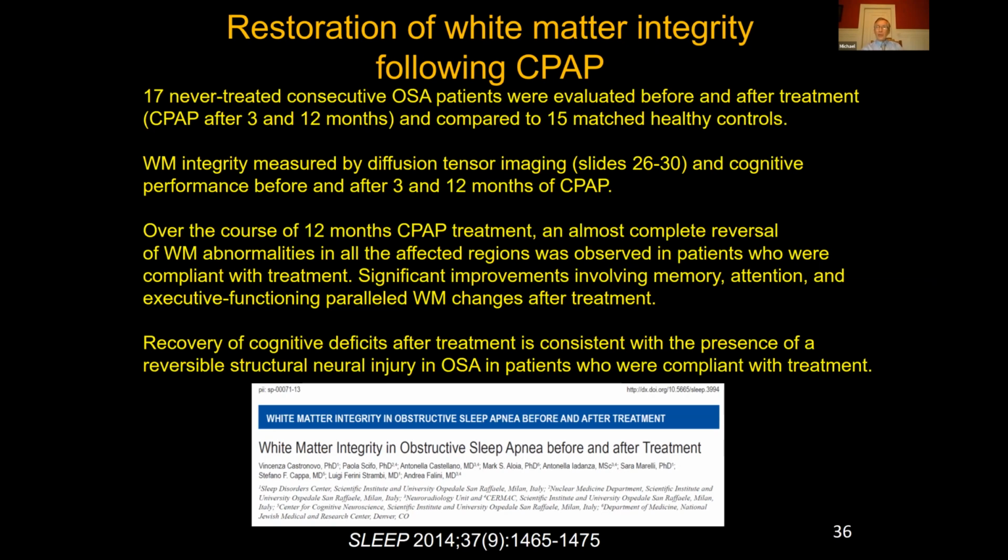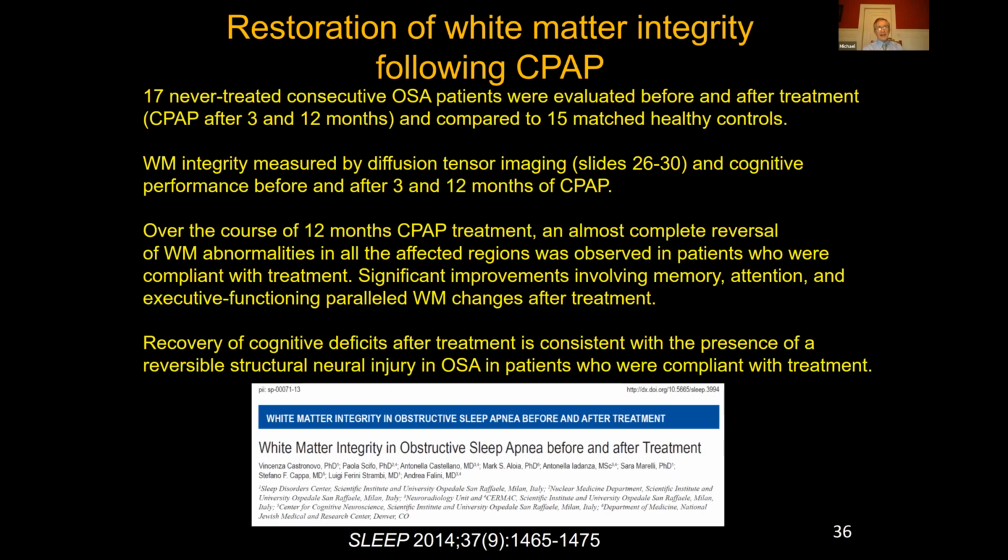The group used diffusion tensor imaging, so you can look back and remind yourself what that does, and looked at cognitive performance before and after 3 and 12 months of CPAP. What was interesting was that over the course of 12 months of CPAP, there was an almost complete reversal in white matter abnormalities in the affected regions in people who were compliant.